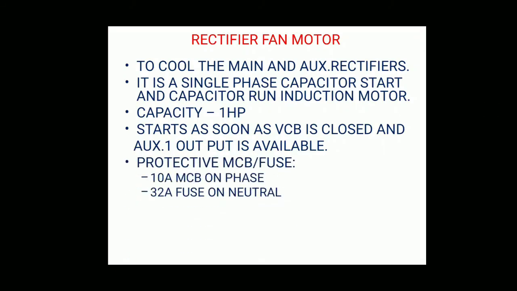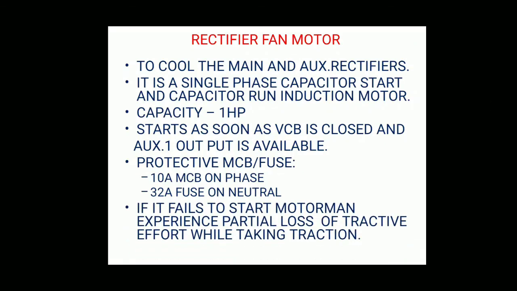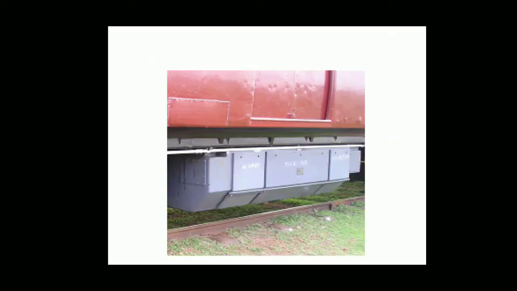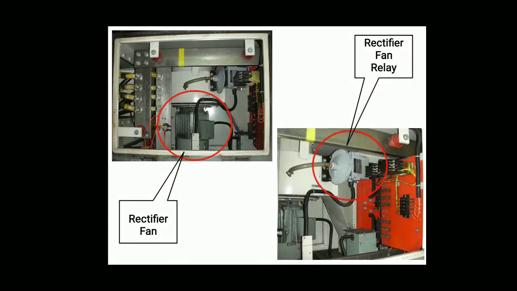This motor is protected by a 10 amps MCB on phase and a 30 amps fuse on neutral. If this fails, then the LP experiences partial loss of tractive effort. This motor is located inside the rectifier box below the motor coach frame. These are the rectifier fan and a rectifier fan relay inside the rectifier box.